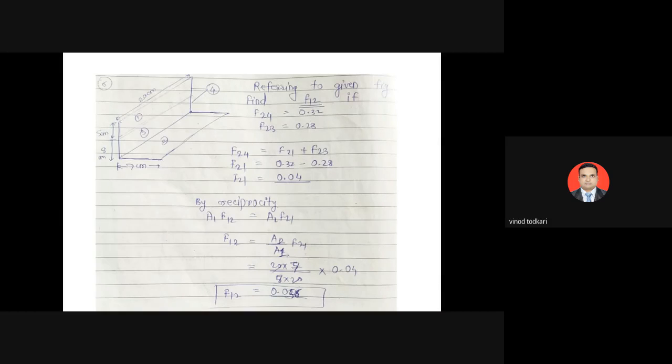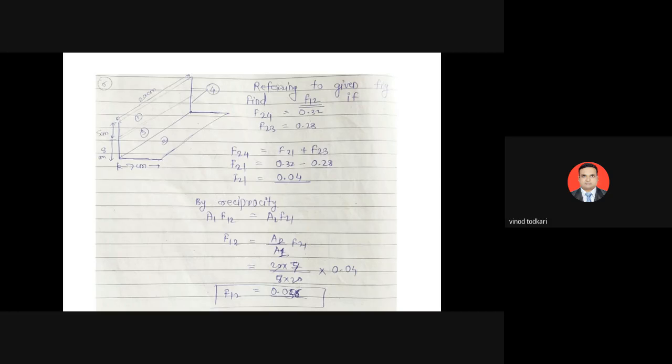F24 is equal to F21 plus F23, because 4 is made up of 1 and 3. Now I know the value of F24, it was given as 0.32. I know the value of F23, it was given as 0.38. So I can calculate F21. If you do the calculations, F21 comes out to be 0.04.